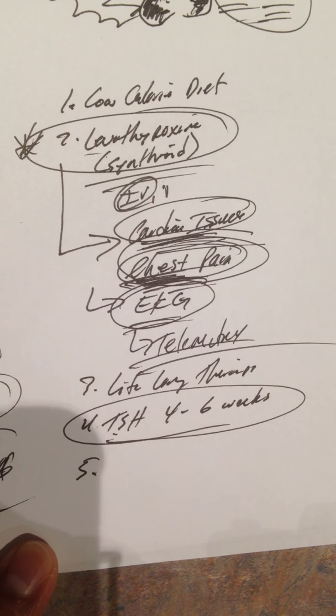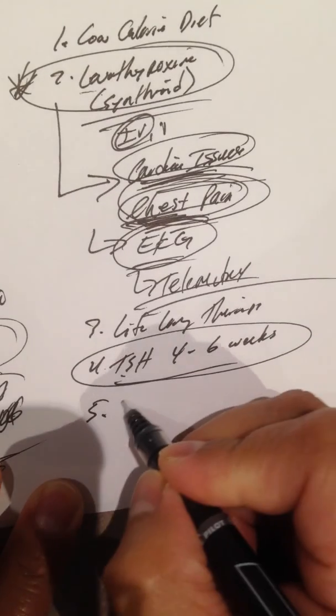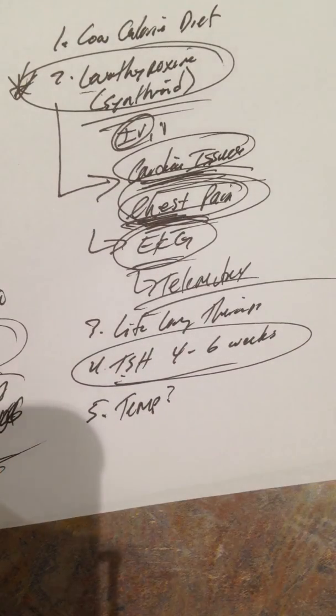You also want to monitor their temperature. Because again, one of the things that we talked about earlier is how these patients run the risk of suffering from cold intolerance, okay? So you always want to assess their temperature. Make sure that they are not becoming extremely hypothermic.